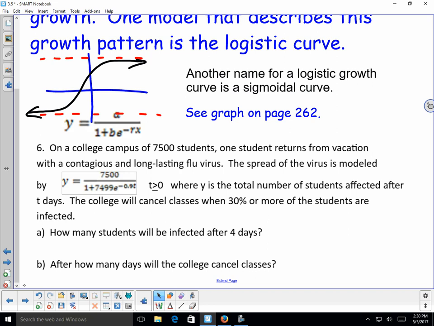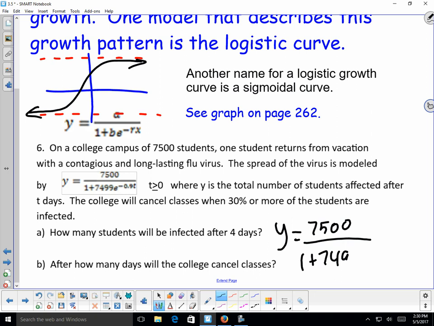And so we're plugging in 4 for t. So we have y equals 7,500 over 1 plus 7,499 e to the negative 0.9 times 4. Calculators, please. How many people are infected after 4 days?